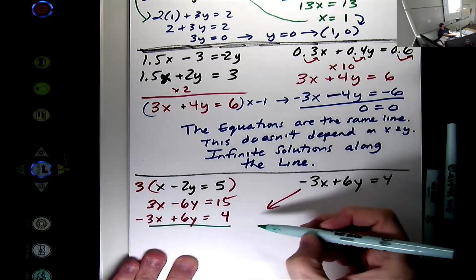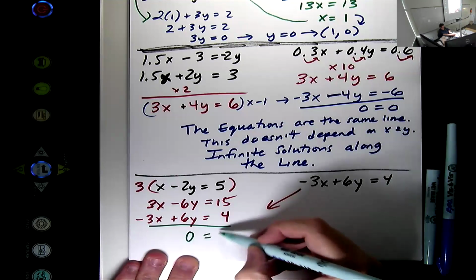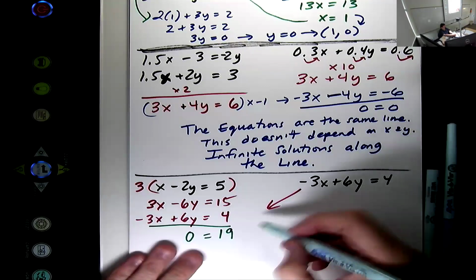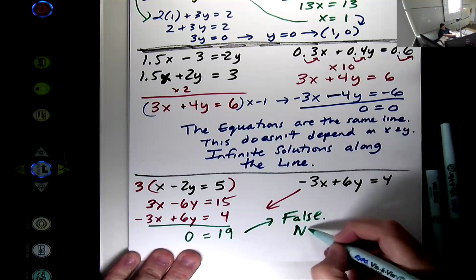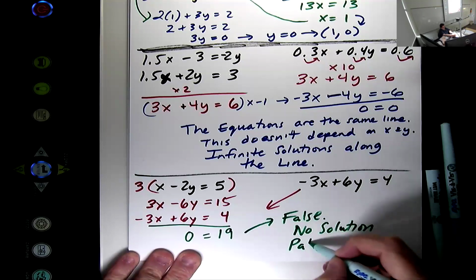When we add vertically, both the x's and y's go away, and we end up with 0 equals 19. That's false, which means there's no solution. Which means these are parallel lines.